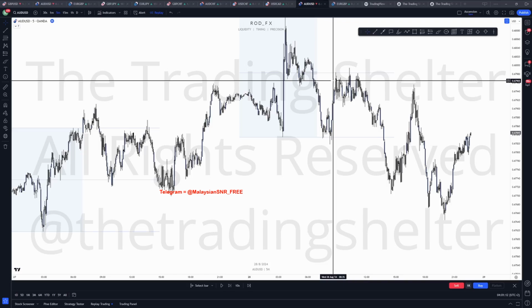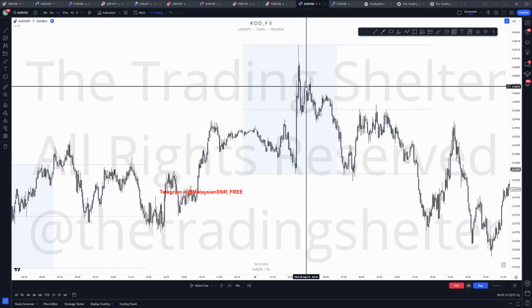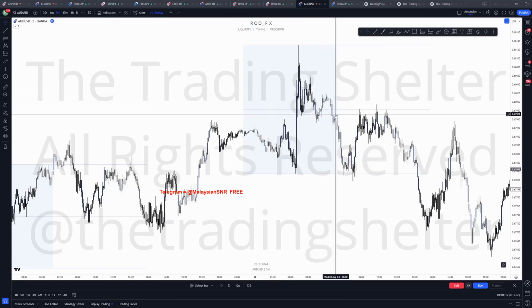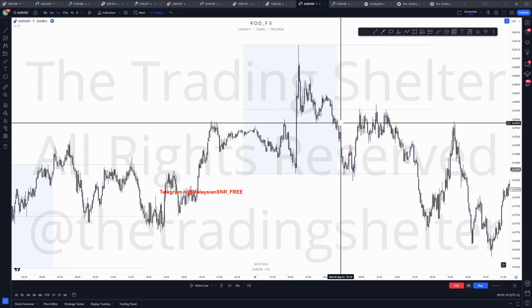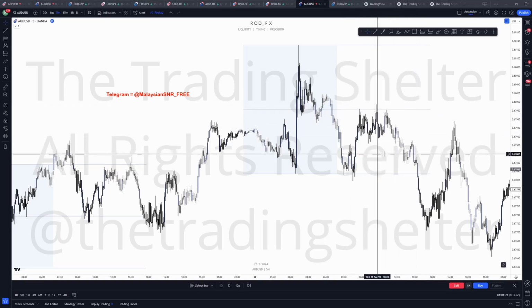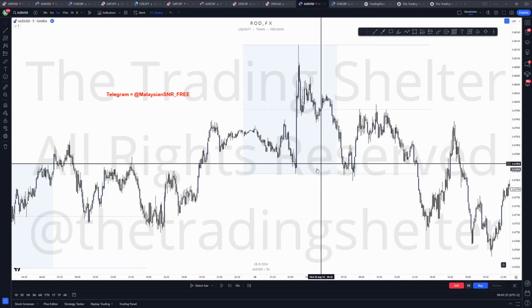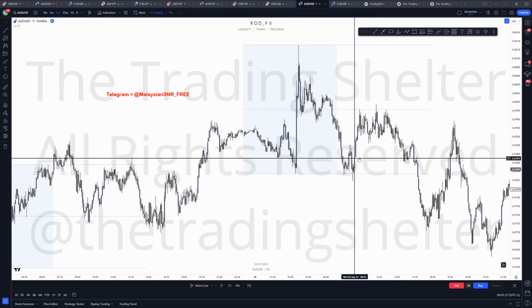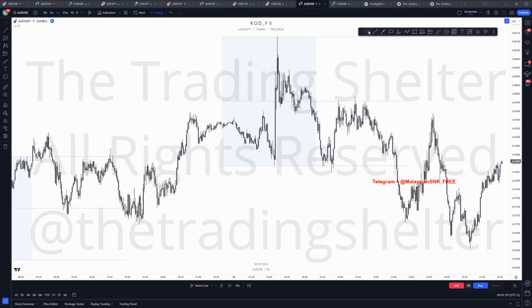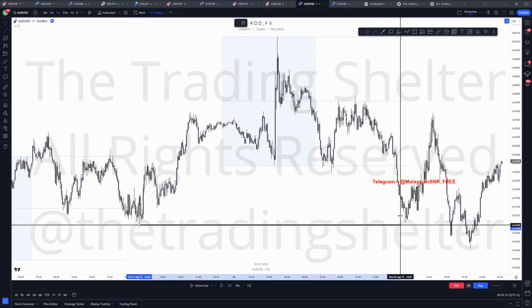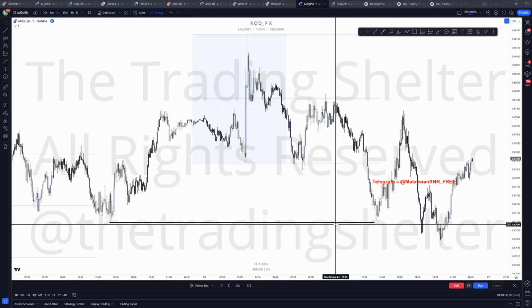So let's say coming out of Asia, we have some clear sell side liquidity, right? Then price comes back and reacts to Asia midline, even though it took liquidity from here. Price is just continuing and being attracted to the next level of liquidity.